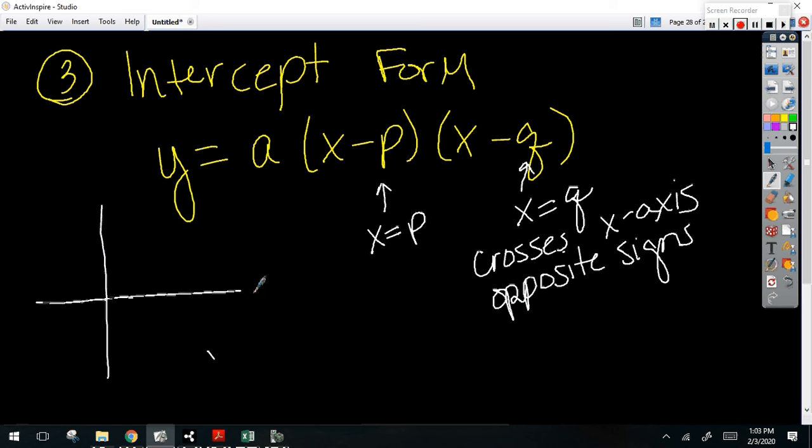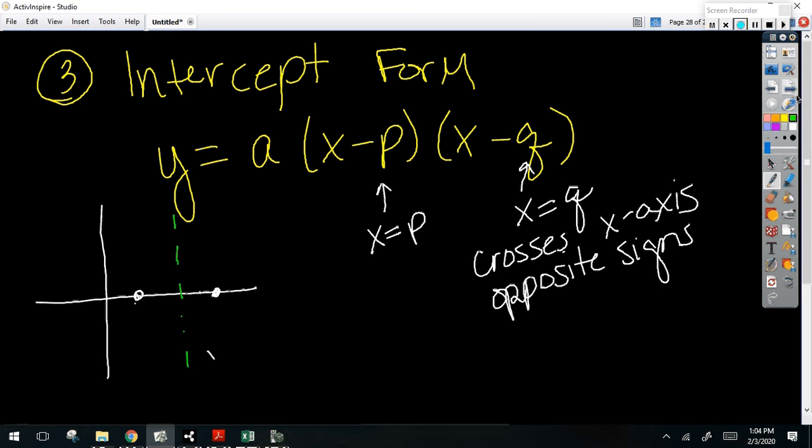If I have two places where it's crossing the x-axis, what am I missing to make a parabola? The vertex. The axis of symmetry and the vertex. You're absolutely right. So if you've got these 2 points, you know that the axis of symmetry is going to be in the middle, right? So that's going to be what I have to do. I have to find the middle of the 2 points, and then I'll have to plug that in to find where on that axis. So this one's a little bit backwards from the other forms that we have done. All right, so let me show you an example.